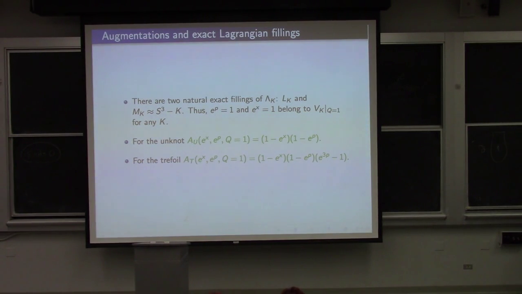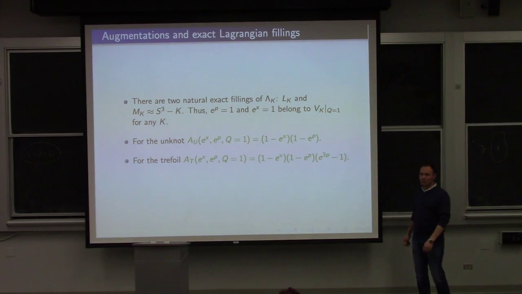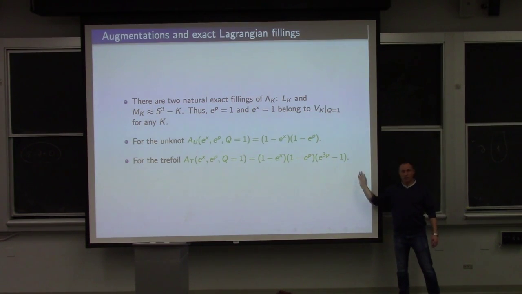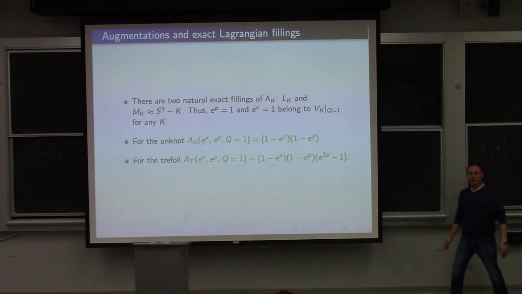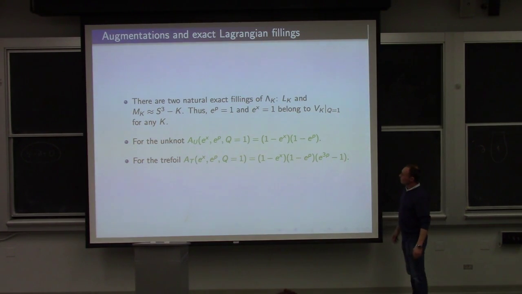And Tobias, yes? Is it really e^{3p}, or is it e^{3p}, e^x, or something like that? I think maybe some kind of change of variables, but I think it should be correct. Okay, I think because that factor is divisible by the previous one.